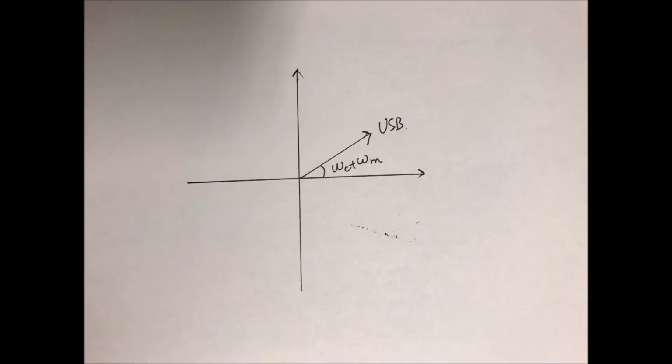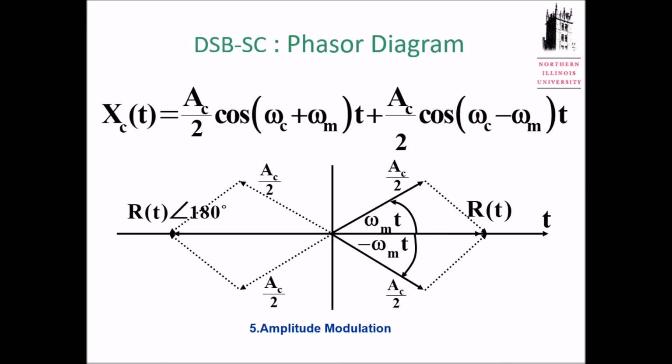So for this exercise, only one will be my upper or lower. Two of them make double sideband suppressed carrier.